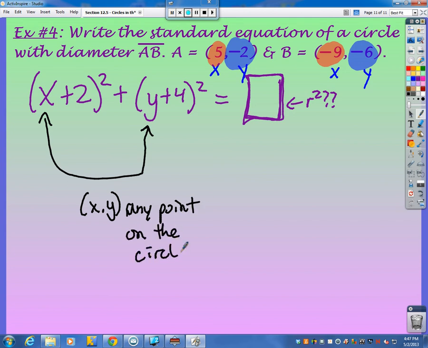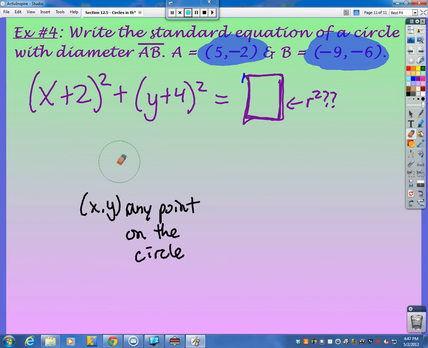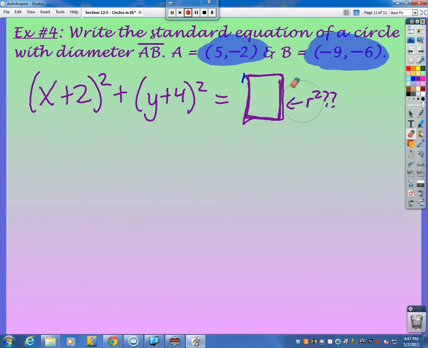Do we know any points that are on the circle? We certainly do. Not only do we know one, we know 2 points on the circle, right? Because the diameter endpoints, they would both be on the circle. So we can use either one of those 2 points temporarily as an x and a y so we can figure out the r squared value.